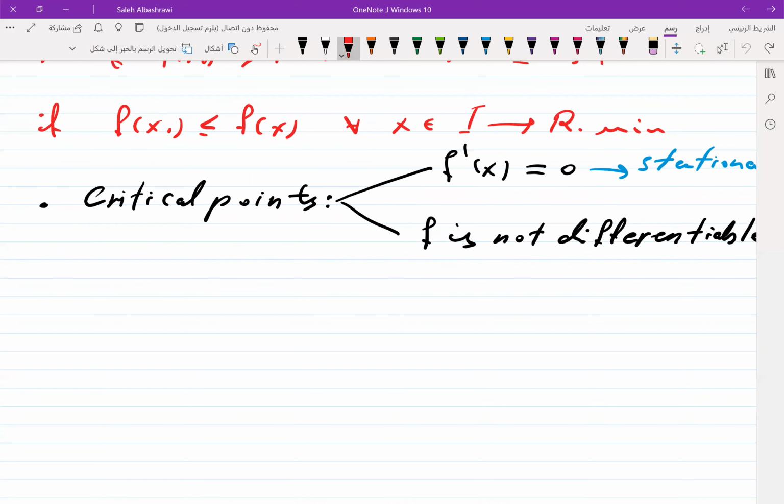Let's start with the theorem. This is the first derivative test.